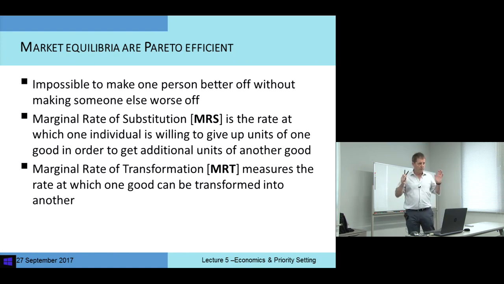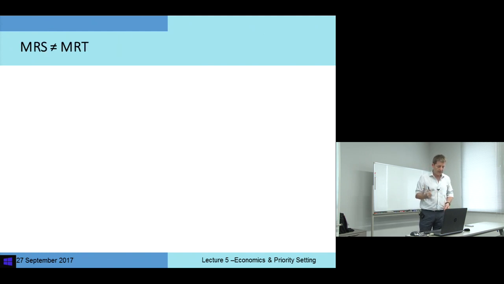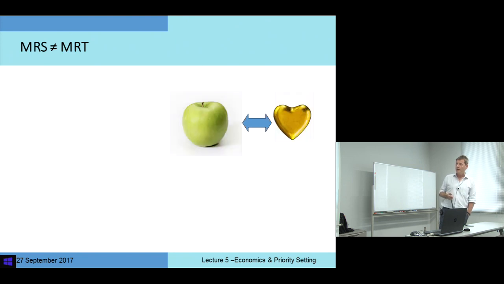The MRS is about people's preferences, people's values. Marginal rate of transformation is about the ability of the economy to produce different combinations of goods or services. Right, suppose the marginal rate of substitution is not equal to marginal rate of transformation. The two things are not equal.